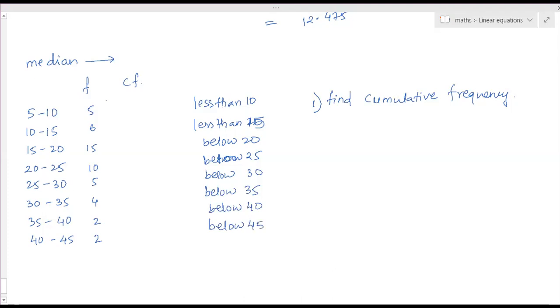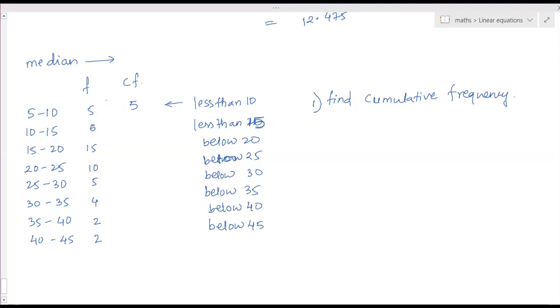If you want the values below 10, what will be the frequency? Below 10 means only 5 to 10, so the frequency will be 5. But below 15 means from 5 to 15, so what is the number? 11.